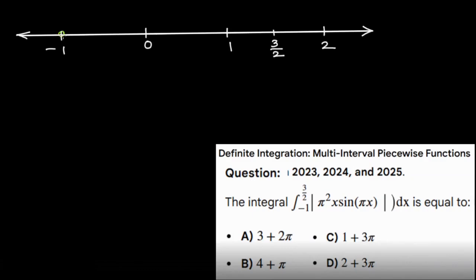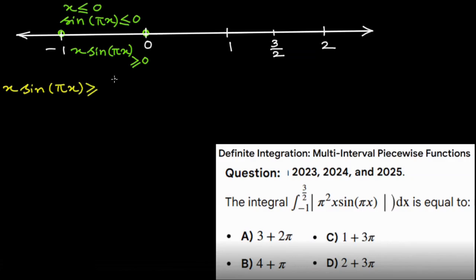In the first interval from -1 to 0, x is less than or equal to 0 and sine pi x will also be less than or equal to 0, implying x sine pi x is greater than or equal to 0. So we got x sine pi x greater than or equal to 0 in the closed interval -1 to 0.